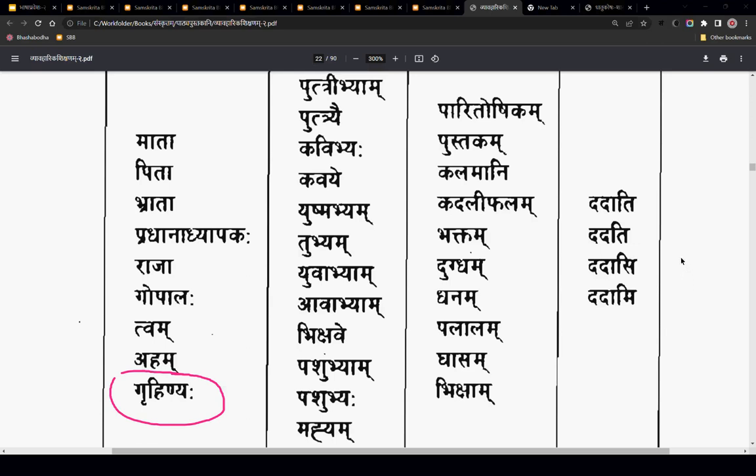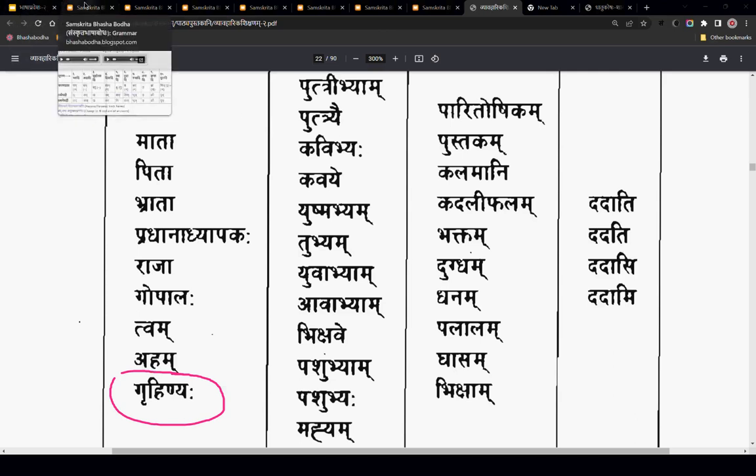Should we use prathama purusha, madhyama purusha, or uttama purusha kriyapada? Dadati, because bahuvachanam. Dadati is ekavachanam, right? The bahuvachanam of dadati is dadati, not dadati, it is dadanti.